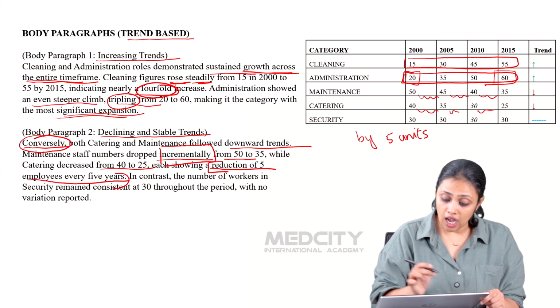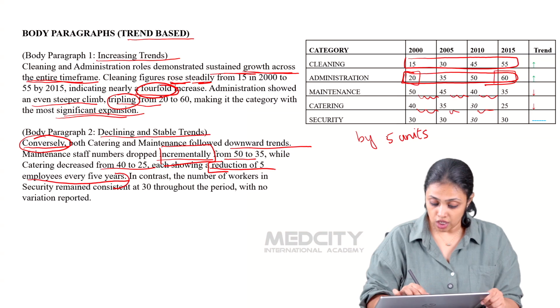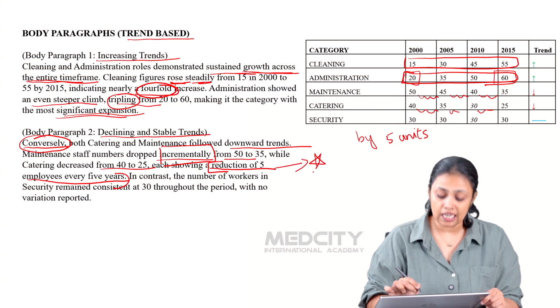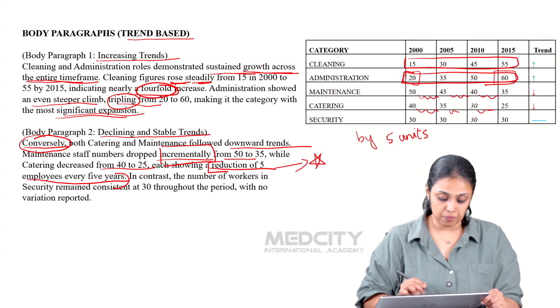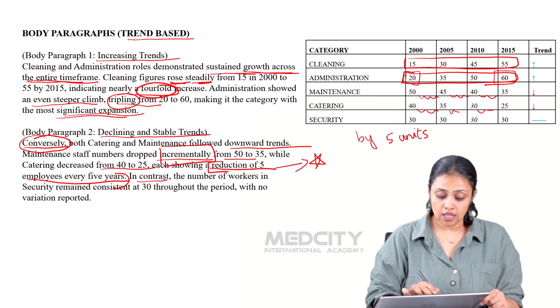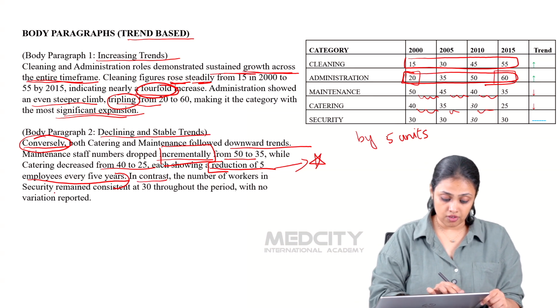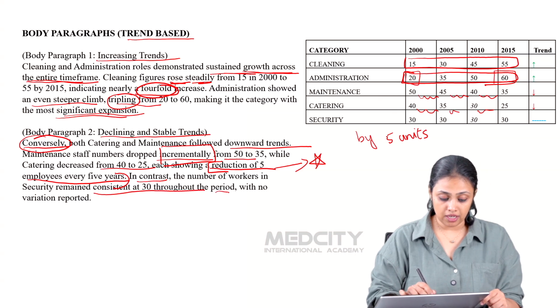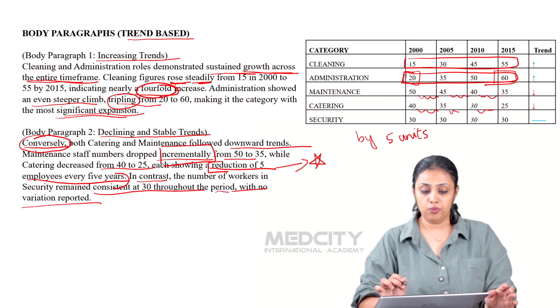See, if you are able to identify such unique patterns, it is good to highlight them or include them in the report. It brings in clarity to the reader. In contrast, the number of workers in the security remained consistent throughout the period with no variation reported.